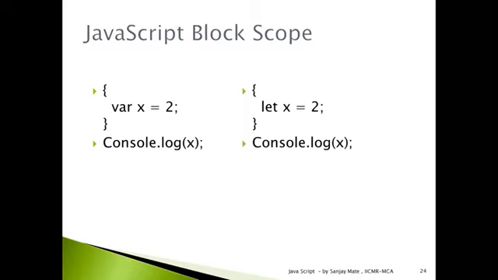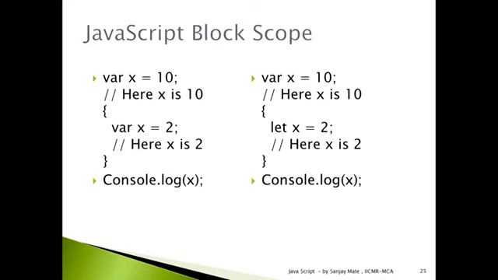You are not able to access x outside that block. This is the main difference between var and let. Let cannot be accessed outside its scope or enclosing brackets, but var can be accessed outside. These are the two things you should understand and remember. Very important.